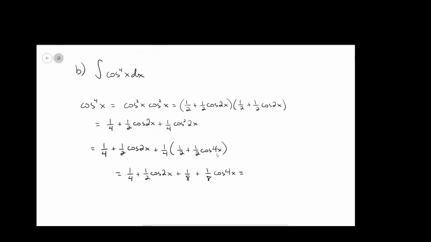So 1/4 plus 1/8, that's going to be 3 over 8, right? So the constants can add. And let's see. Yeah, the rest of it, there's no like terms there. So we have 1/2 cosine 2x, and we have a 1/8 cosine 4x.